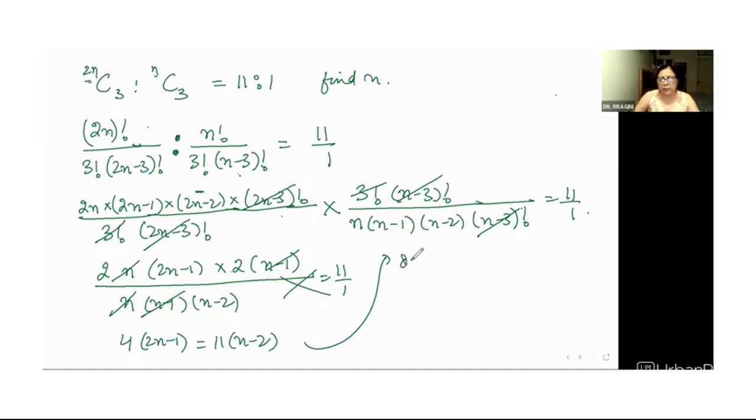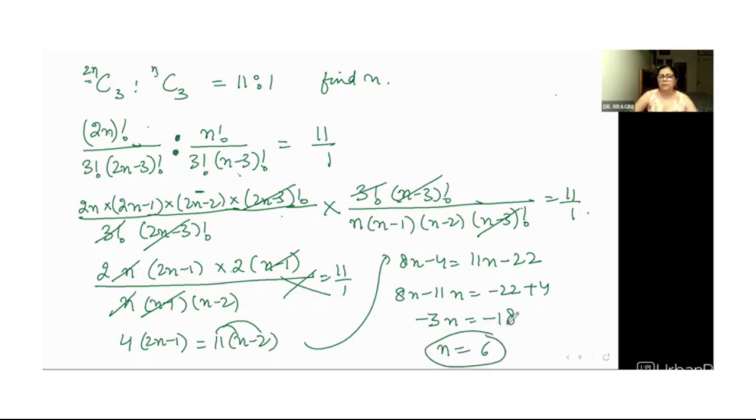So we have 8n minus 4 is 11n minus 22. 8n minus 11n is minus 22 plus 4. Minus 3n is equal to minus 18. So n becomes 6. Right?